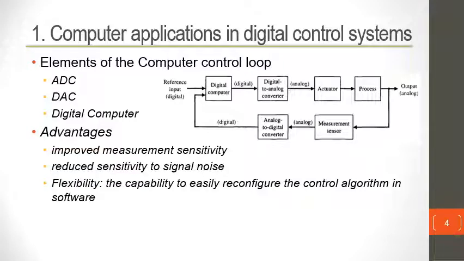Now, a typical computer control loop, or a control loop that involves a computer, which we shall, for the remainder of the course, call a digital control system, would look like what's shown in the setup. You have a digital computer taking in the reference input as well as the feedback signal, both of which are digital because a digital computer works with digital signals, and the computer also gives out a digital signal.